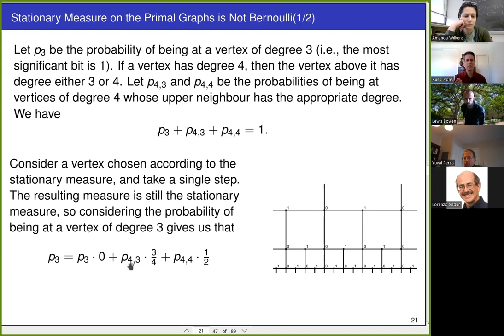What if you're at a vertex of degree 4 whose upper neighbor is degree 3? What's the chance of ending at a vertex of degree 3? 3/4. 3 of the 4 neighbors are degree 3. What about P4,4? 1/2. 2 of the 4 neighbors are degree 3. So we have this equation that relates these 3 probabilities.